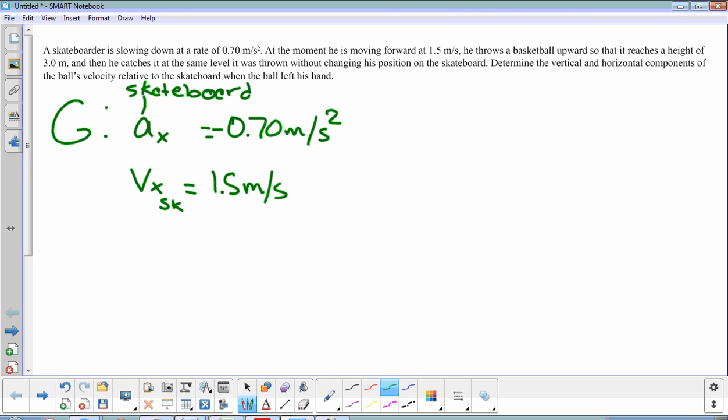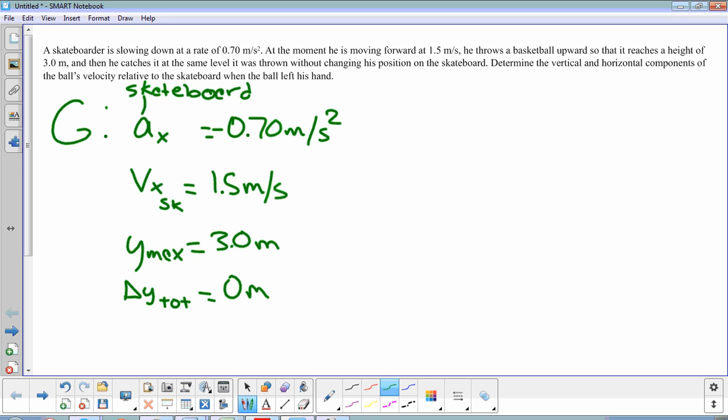That means my maximum height is 3.0 meters, and it went up, so that's positive. And then he catches it at the same level. So that means the total delta Y is equal to 0 meters, because it went up 3, but it came back down 3.